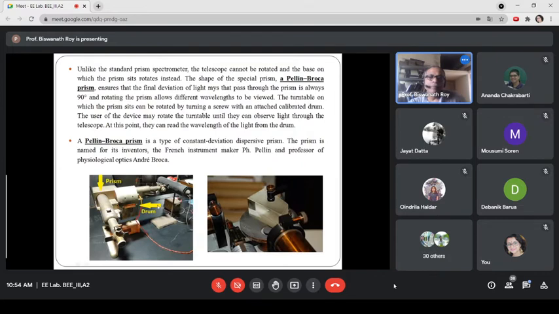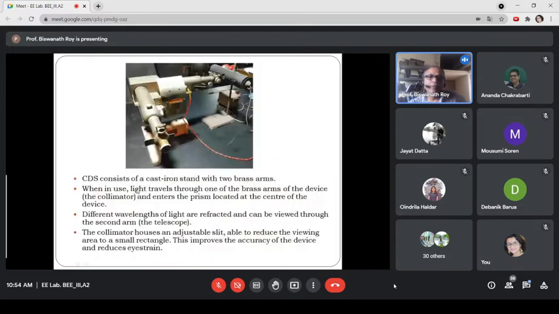So if we look at the shape of the instrument, this is the axis of the collimator, and this is the axis of the telescope. You see the two axes, the angle between the two axes is 90 degrees, right?